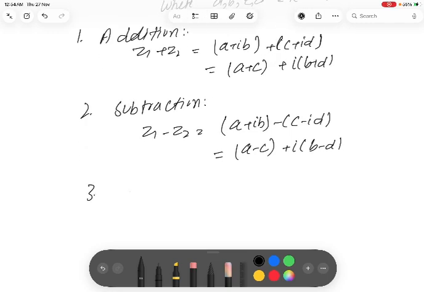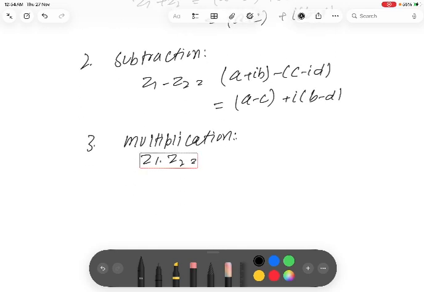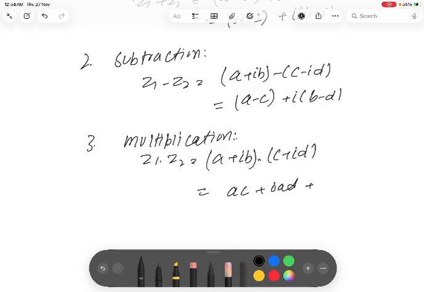Now another operation, that is multiplication. What we do in this, we have z1 into z2 is equal to a plus iota b into c plus iota d, that is equal to AC plus iota times AD plus iota times BC plus iota square times BD.